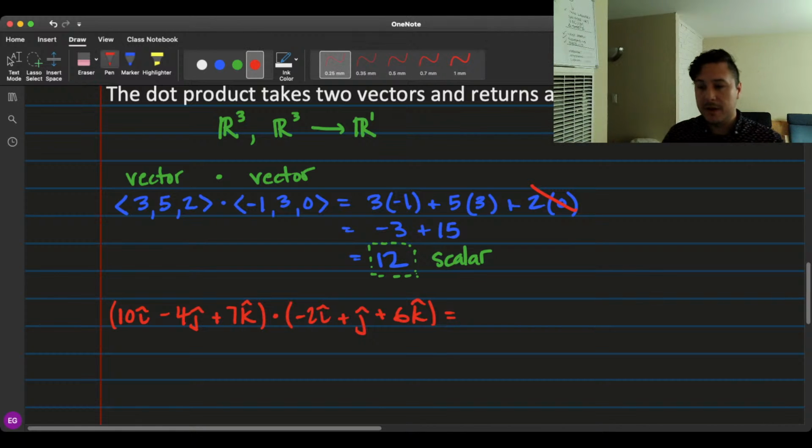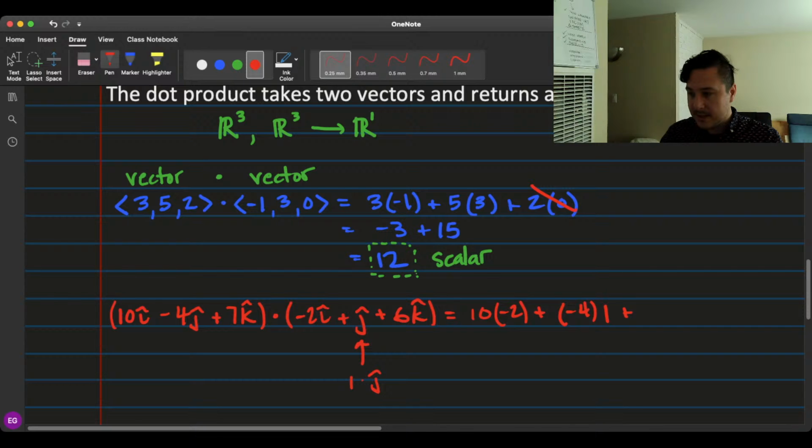So it's pretty straightforward. You take the components, 10 times negative 2 plus negative 4 times 1. Where did this 1 come from? The j is 1 times j.